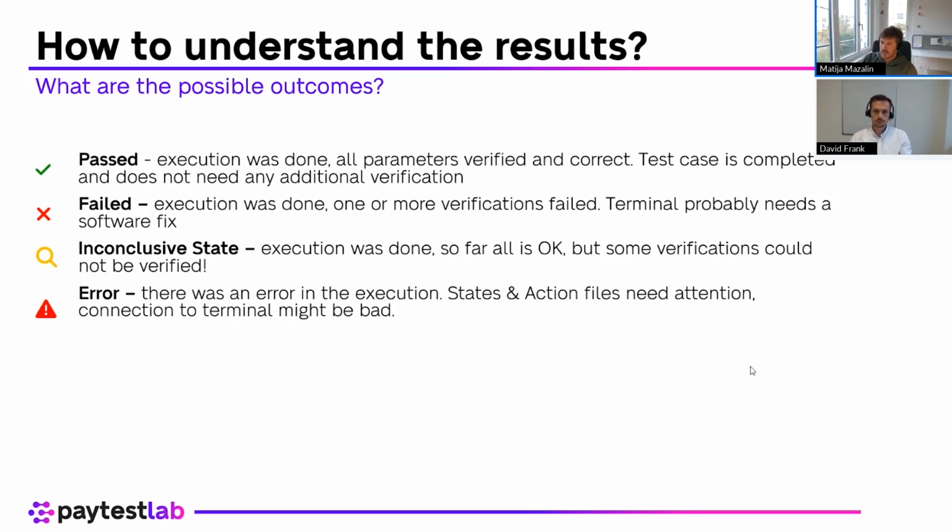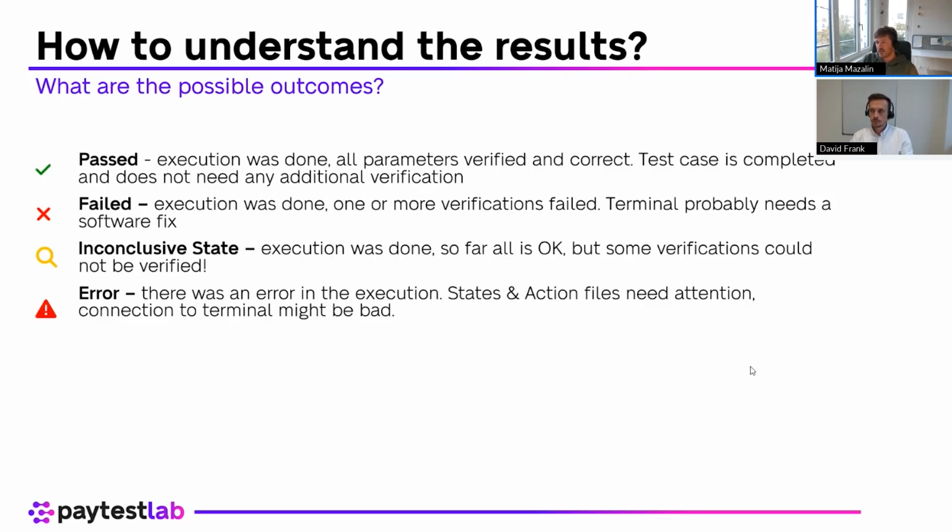And then last but not least is error. Error means that there was an error in execution. We cannot say if the test case either passed or failed because it just wasn't executed correctly. Usually this means that the states and actions files need attention, but there could be other things too. If a terminal reboots, it's one of the possibilities.